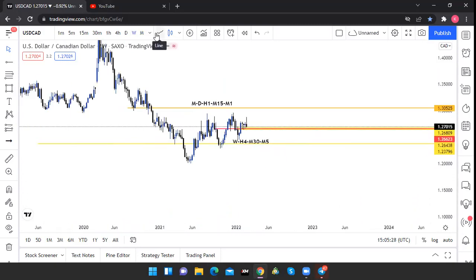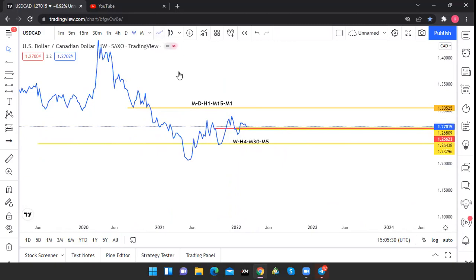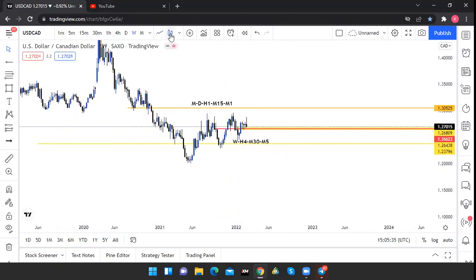How to say? Saya imagine bila kita marking monthly as the biggest bias, we always have the earliest entry rather than the bias itself. So bila kita marking monthly as the direction and weekly as the setup, no matter monthly is buy or sell, always the monthly will have the earliest entry than the bias.